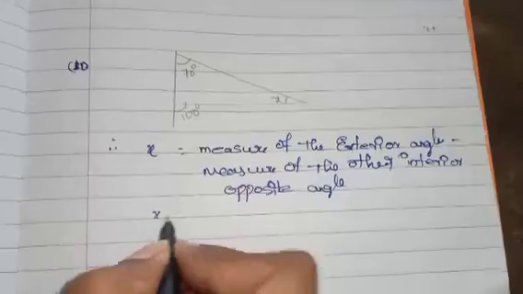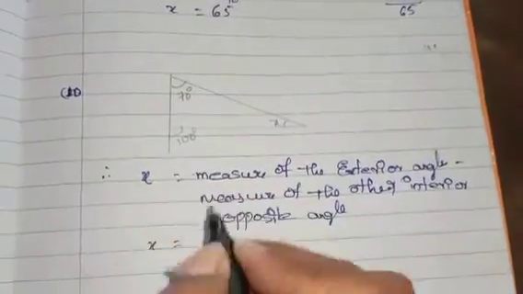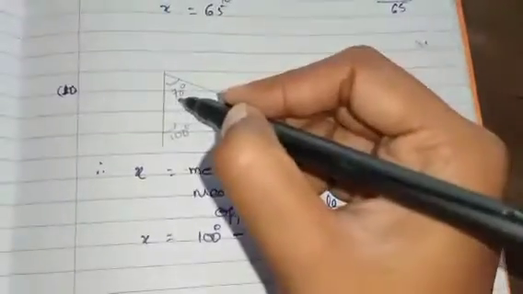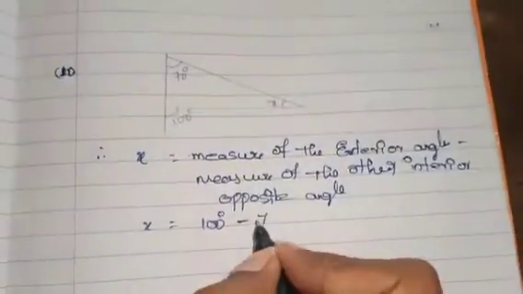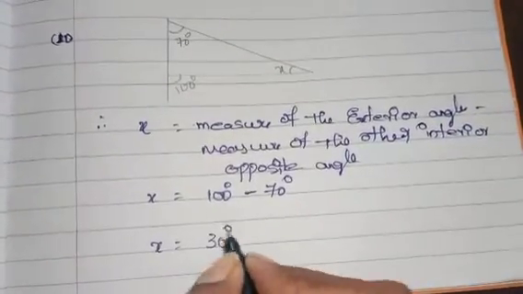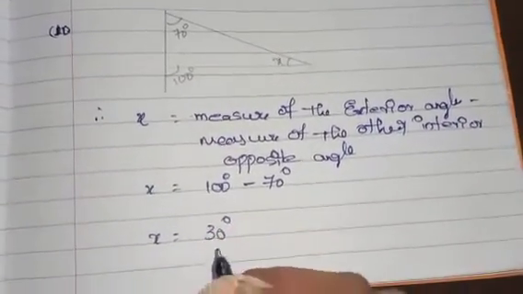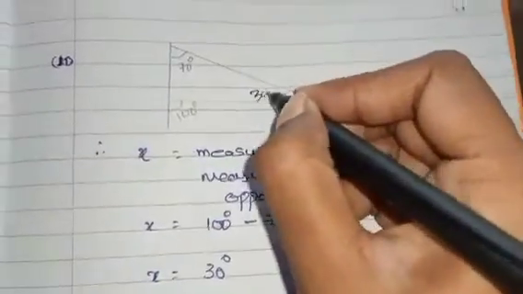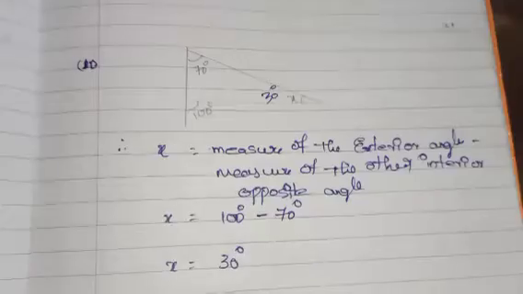The exterior angle here is 100 degrees minus the other opposite interior angle, 70 degrees. Subtracting 70 from 100 gives 30 degrees. So the interior angle x is 30 degrees.